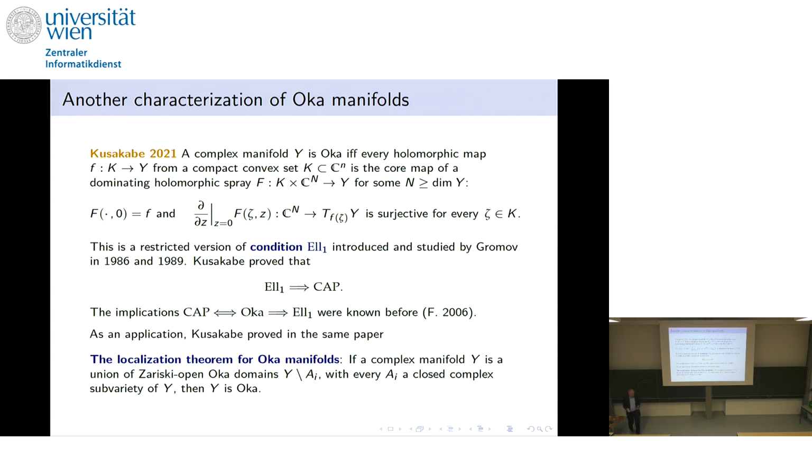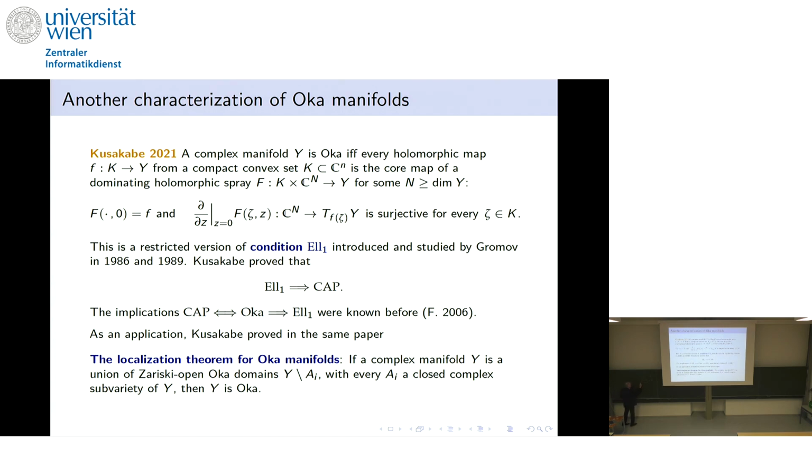And actually, I already proved some 10 years before that if you know that this complement is OCA, then you can build a spray on this f, which is not dominating everywhere, because here on A, I don't know anything. I don't know how to move it. Here it will be degenerate, but elsewhere it will be dominating.